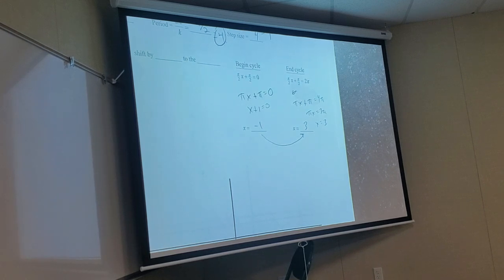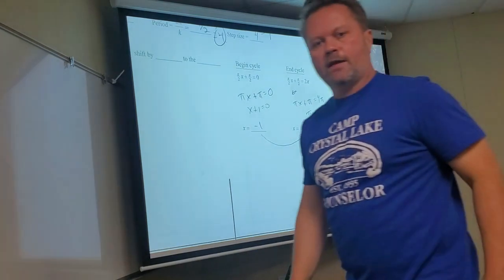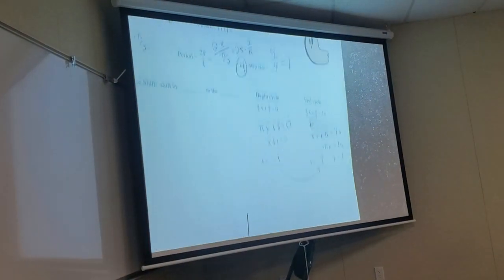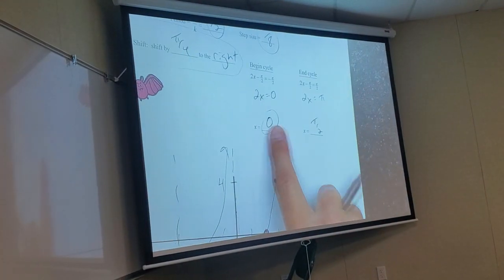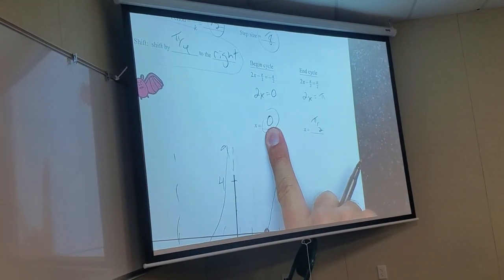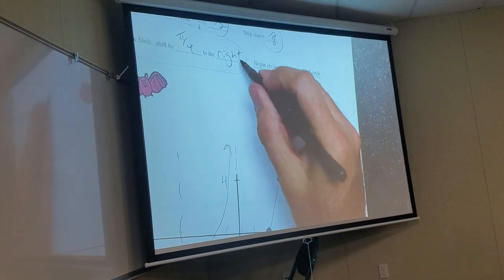If my period is 4 and I start at -1, where should I end? But why on the other ones did it? Because where did it start? On the other side, where did it start? 0. And what do I get when I add the period to 0?